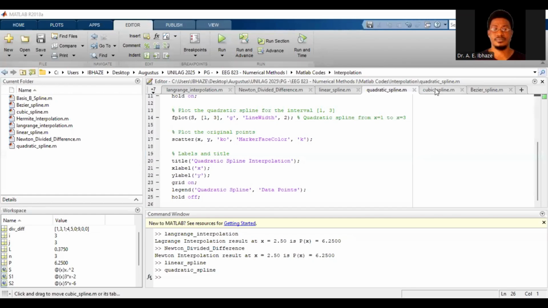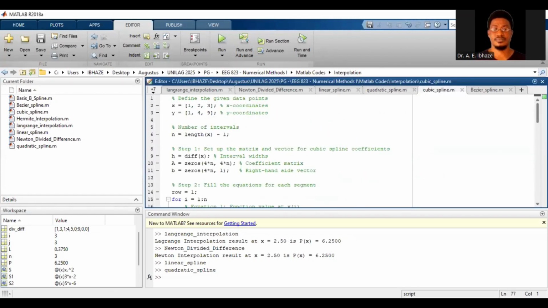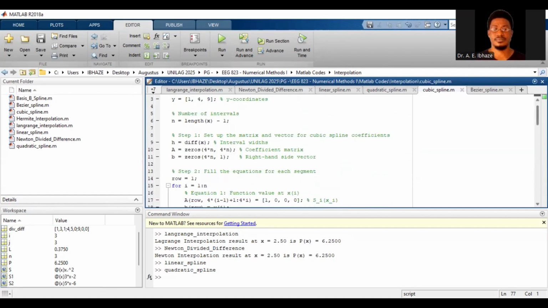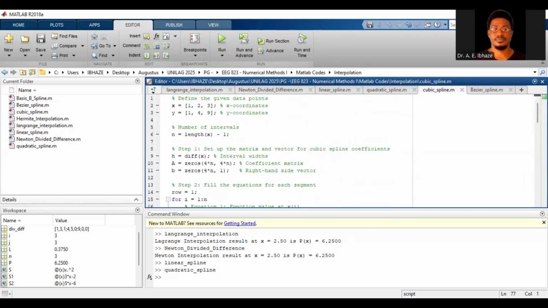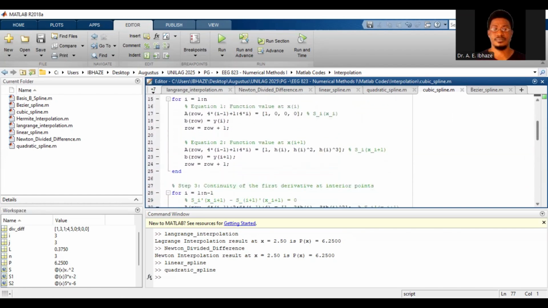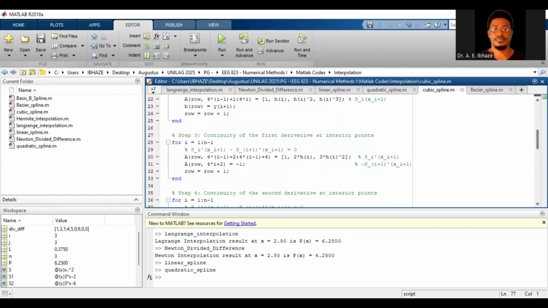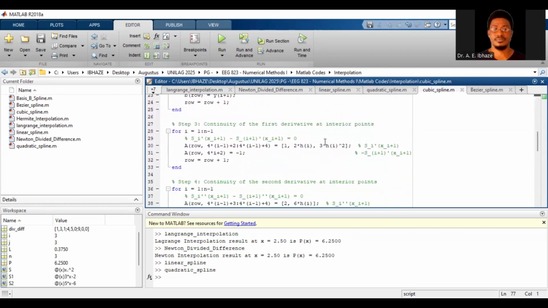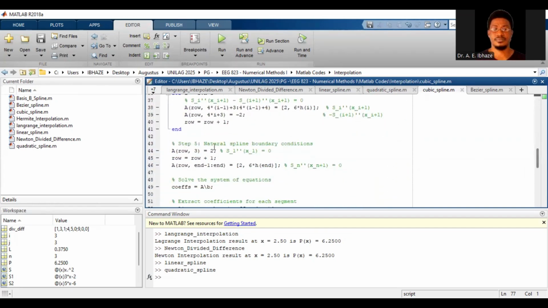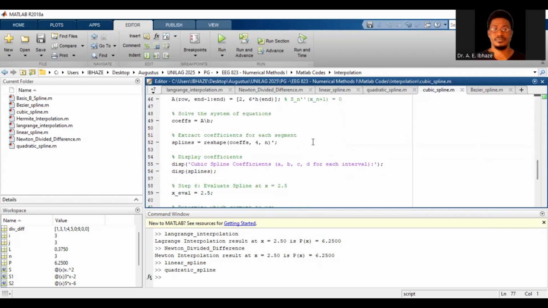So for the cubic spline, here we have the code. These are the intervals. And then we have the functions, and then the continuity of the first derivative at interior points and the continuity of the second derivative at interior points. And then we have the natural spline boundary condition. Then we solve the system of equations and then extract the coefficients for each segment.